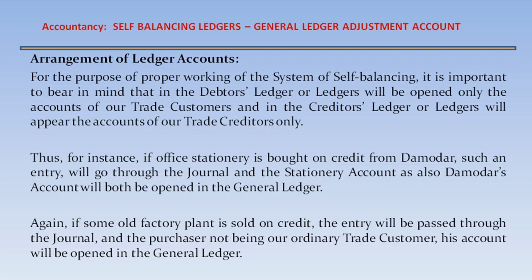Thus, for instance, if office stationery is bought on credit from Damodar, such an entry will go through the journal, and the stationery account, as also Damodar's account, will both be opened in the general ledger. Again, if some old factory plant is sold on credit, the entry will be passed through the journal, and the purchaser not being our ordinary trade credit customer, his account will be opened in the general ledger.